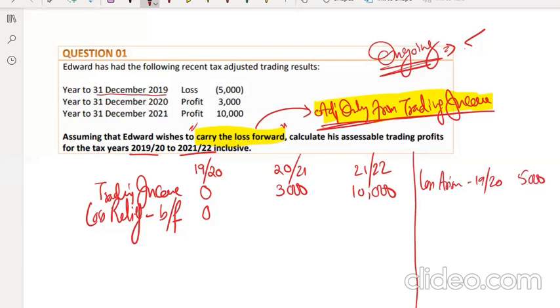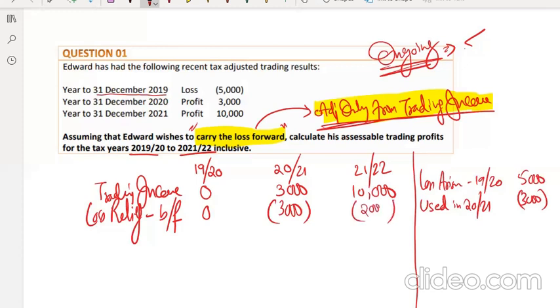Now 2020-21, how much maximum can you adjust here? 3,000. So we adjusted 3,000 here. Out of 5,000, 3,000 is adjusted. How much left? 2,000.